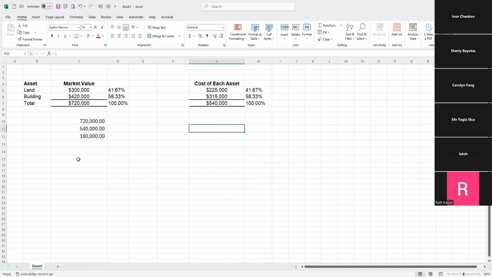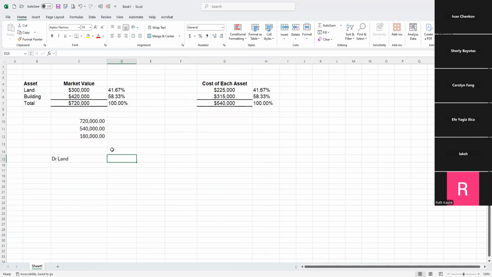So what will be my journal entry? My journal entry will be very simple. Debit land, and the value that I'm going to assign to the land is the 225,000. Debit building.